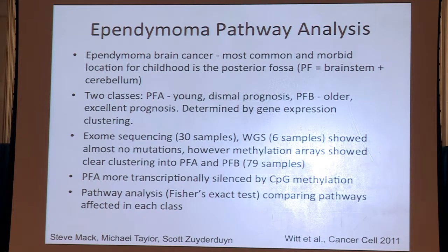Ependymoma is a brain cancer that affects the lining of the brain, the ependymum, and among ependymomas, the most common and morbid location for children is in the posterior fossa, which the Allen Brain Atlas people will know better than me, but from what I learned is the brainstem plus the cerebellum.